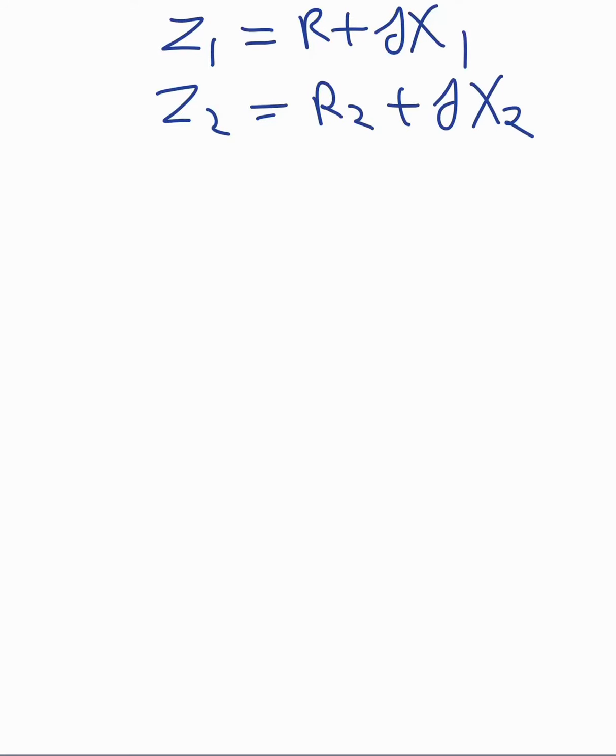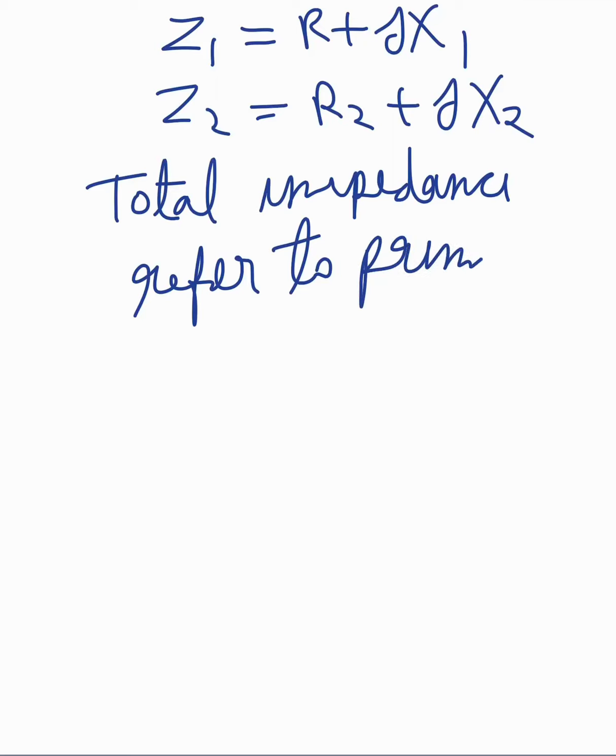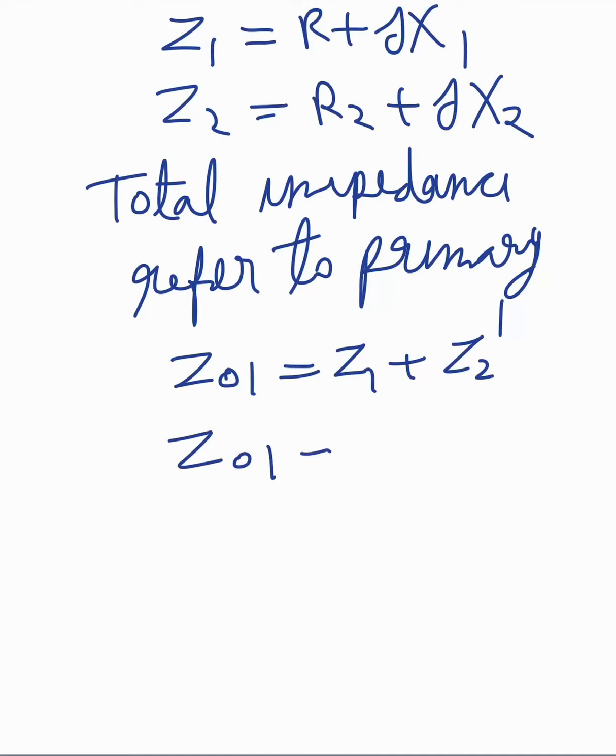So total impedance referred to primary, Z01, is equal to Z1 plus Z2 dash, and Z01 is equal to Z1 plus Z2 upon K square.